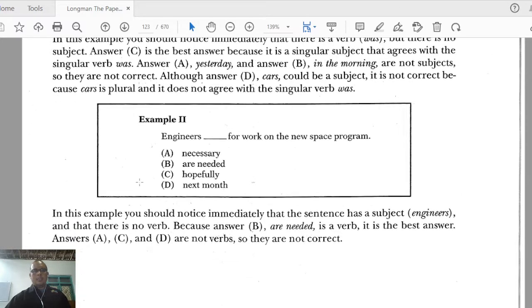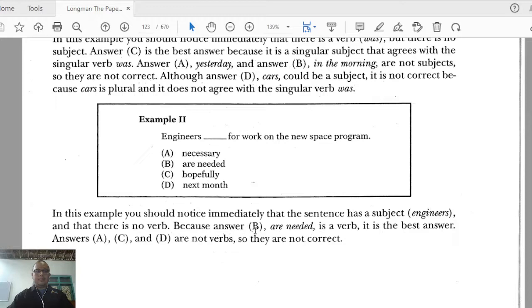Next one, example 2. "Engineers ___ for work on the new space program." Answers: well, necessary, are needed, hopefully next month. In this example, you should notice immediately that the sentence has a subject, engineers, and that there is no verb.